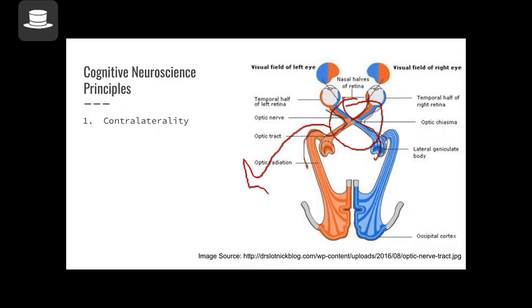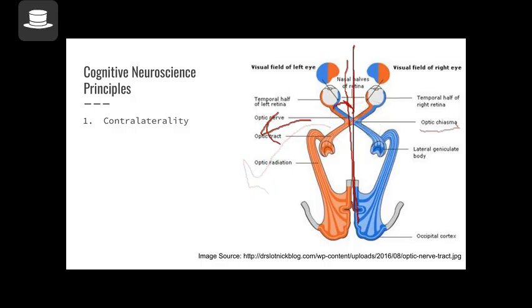The lateral half of the bundles of fibers of the optic nerve go to the same side, but the medial half go to the opposite side, and because of this, the contralaterality in vision is unique in the sense that it's not at the level of the eye, it's at the level of the visual field.